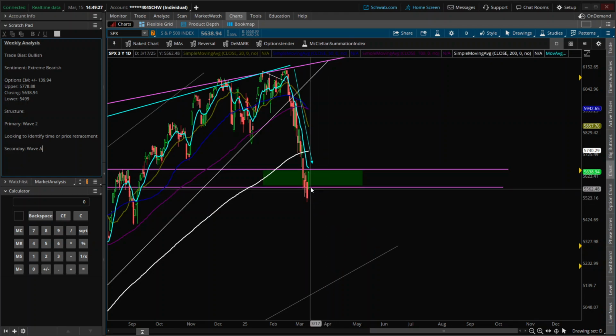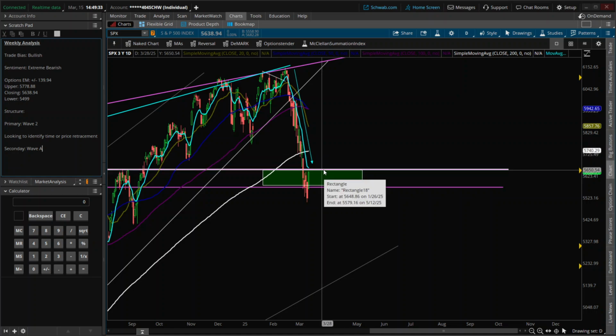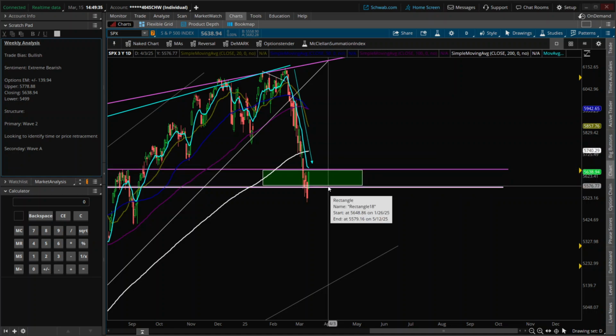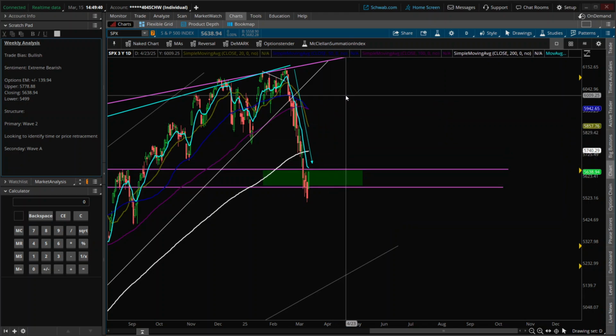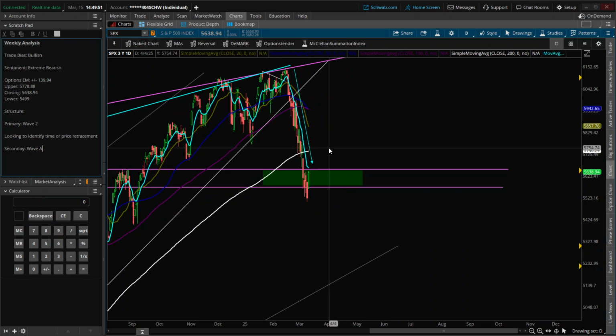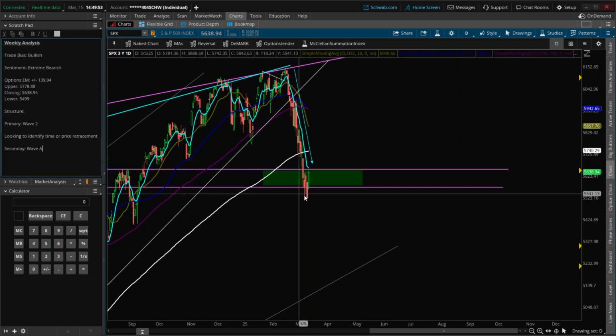Wave B's are very difficult to trade. They can be anything. They can be a flat pattern if it wants to waste time. So the easiest one for us is going to be to trade wave A up, and then be very light if we're going to trade wave B, and then look for that rip your face off rally going into the end of next week, or the week after, is where we'll look for some continuation for a 5-wave impulse rip your face off rally. Okay, so we're in wave A. We'll concentrate on this week.